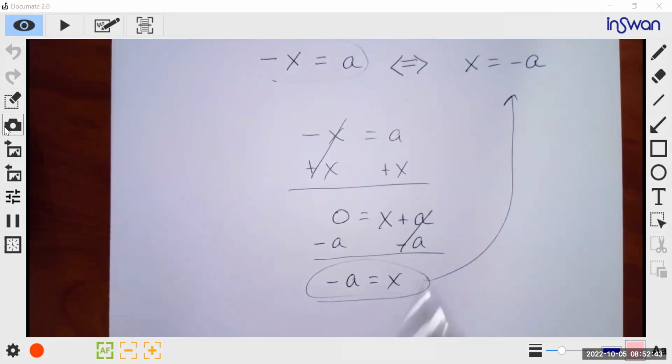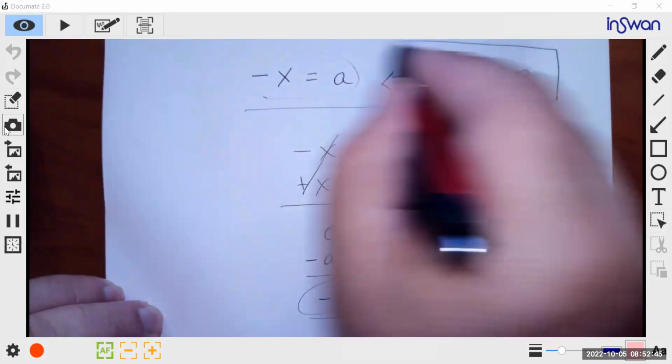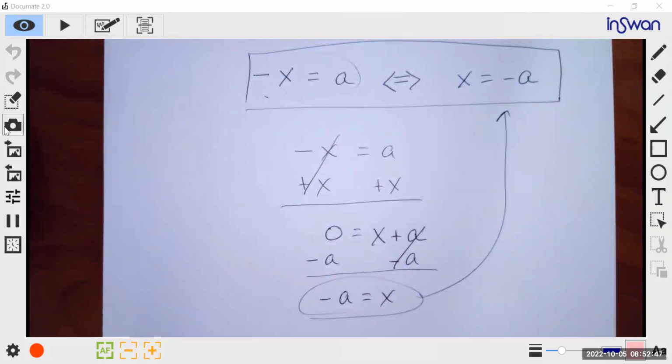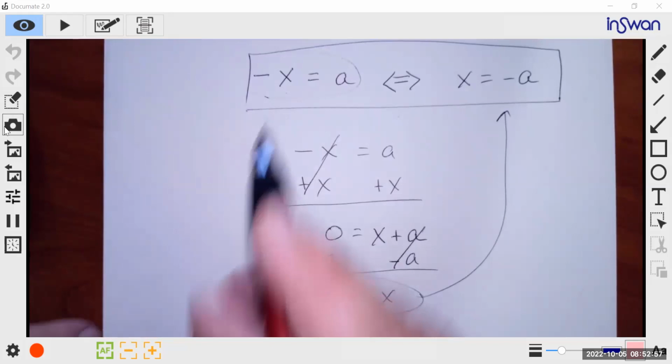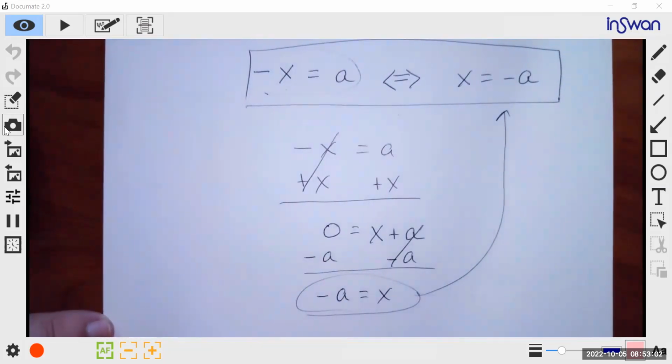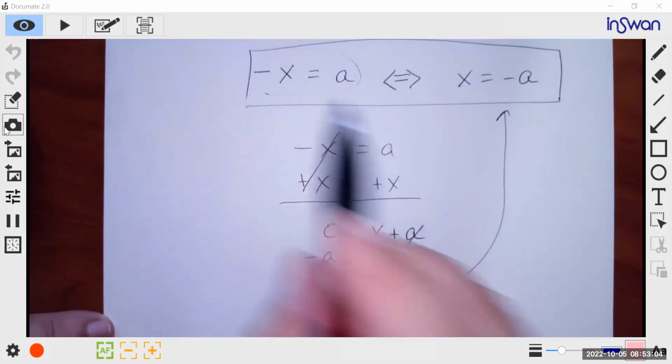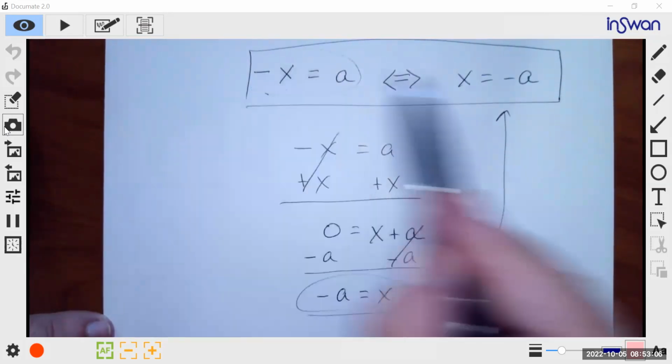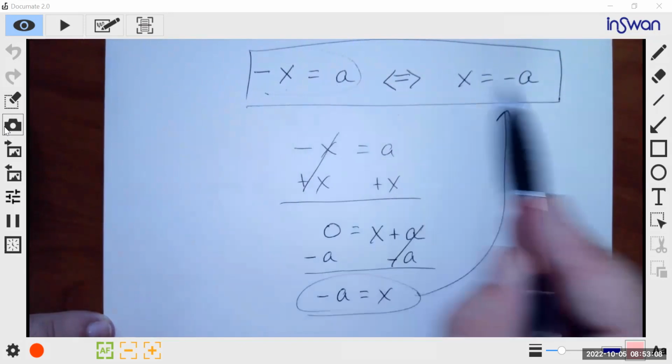So what does this rule here tell us? That's what I've been telling you all along. If you have a negative in front of the x, just change the signs across the whole equation. I change the sign from negative to positive. I change the sign from positive to negative.